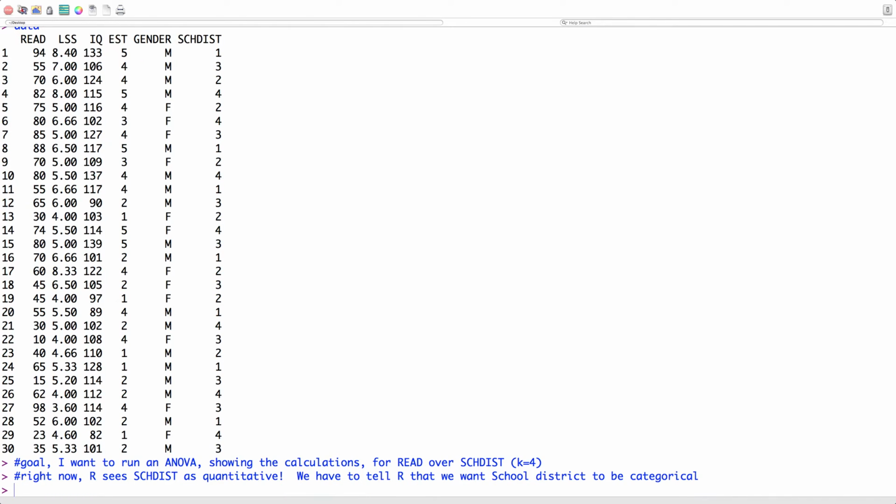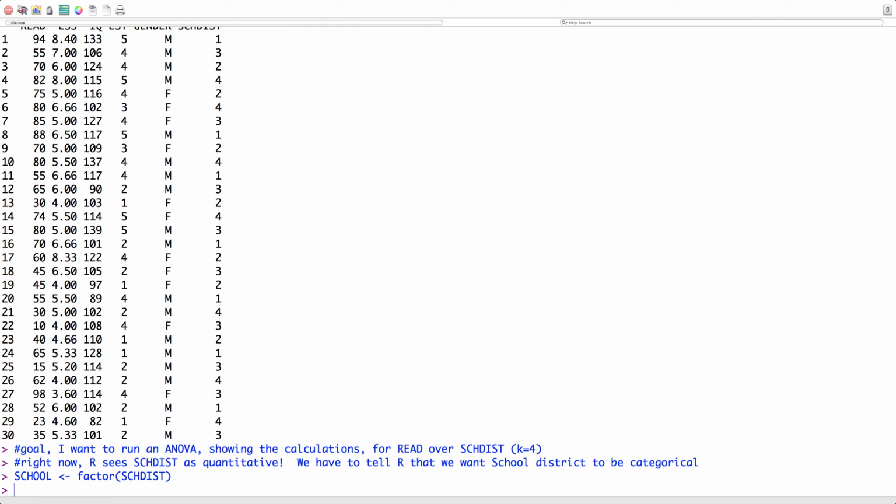Now, the way we do that, we'll rename it, and I'm just going to rename it as school. And we have to rename it as a factor. So once we do that, no bells and whistles. But I have to do that. Otherwise, you think about ANOVA. What's the criterion for ANOVA?